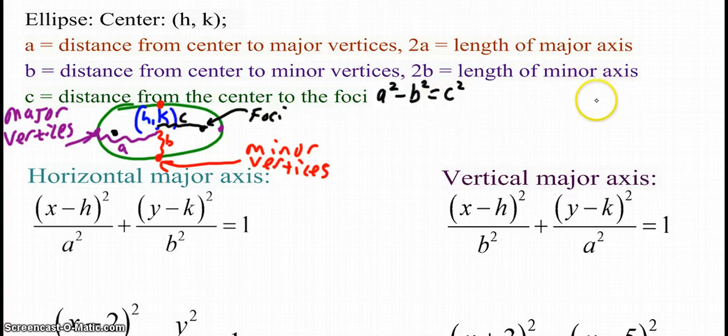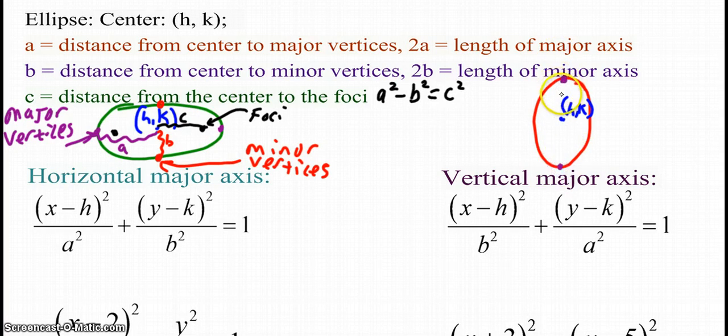So real quickly over here, we also have the vertical major axis ellipse. So this is the same thing, but now it's stretched more vertically. So I'm still going to have a center with the point (h, k). I will still have my major vertices. Now they are going to be vertical.